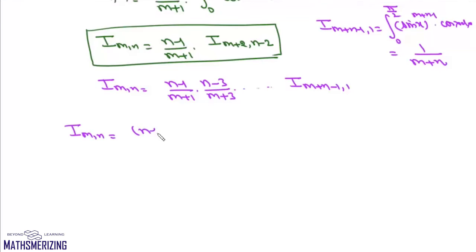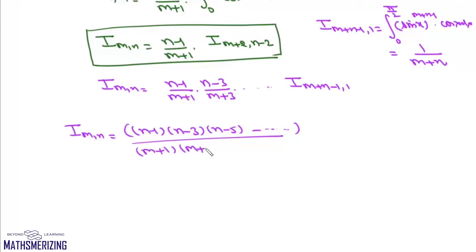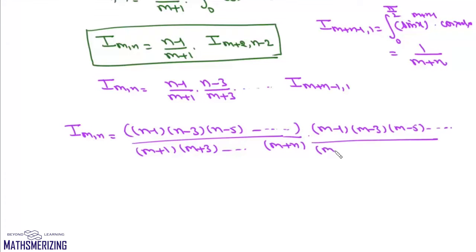Imn equals n minus 1, n minus 3, n minus 5 upon m plus 1, m plus 3 up to m plus n. Now what we'll do is we'll multiply and divide it with m minus 1, m minus 3, m minus 5. In the denominator also we'll write this as m minus 1, m minus 3, m minus 5.